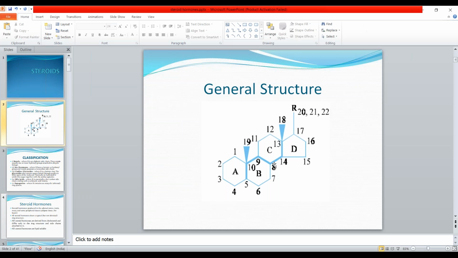It is a 3D structure. So when it is a 3D structure, you can have substituents which are above the plane and substituents which are below the plane.